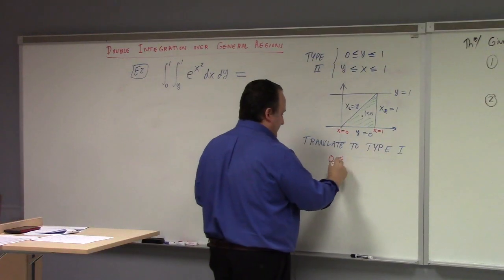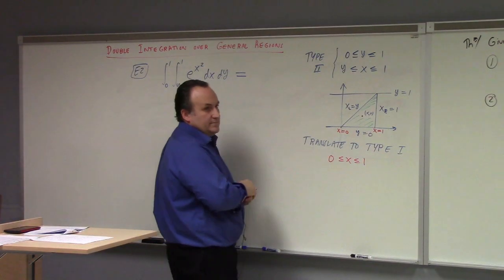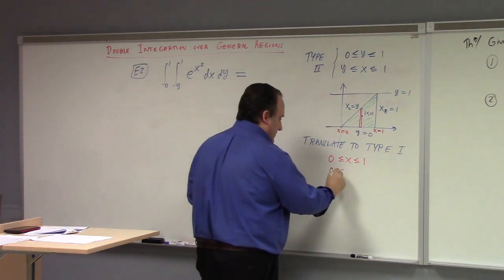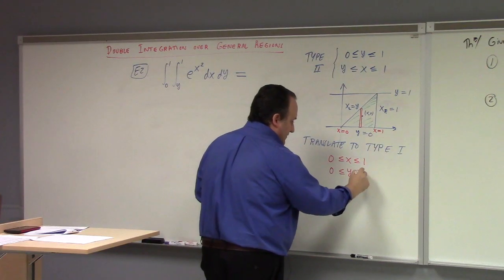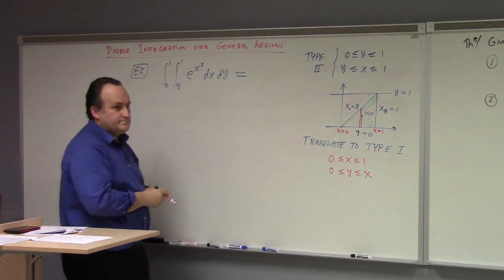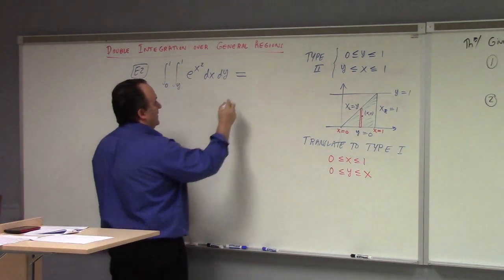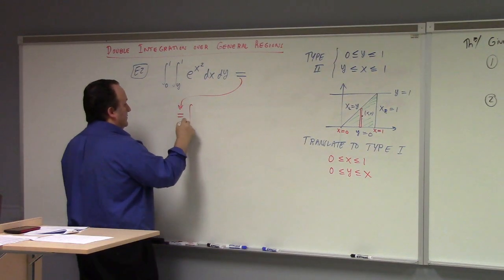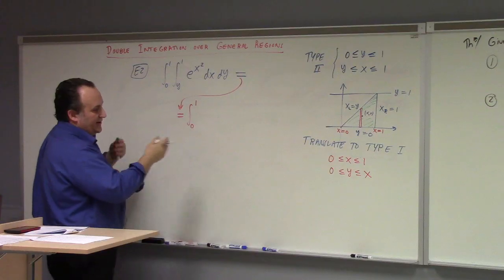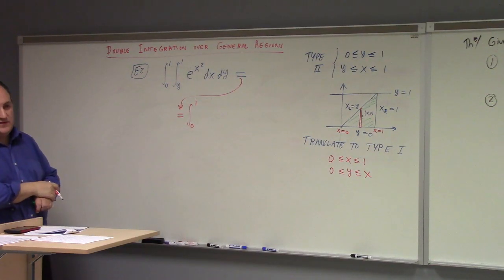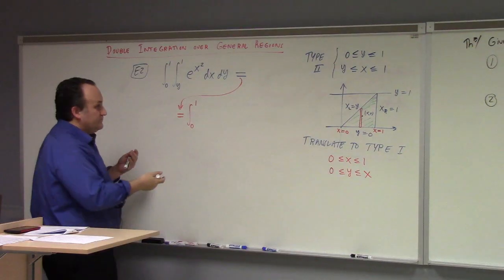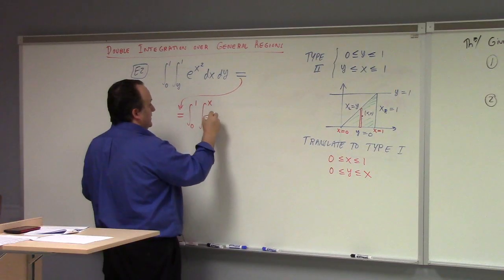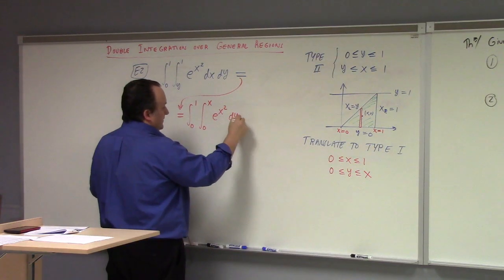So I have 0 less than or equal to x less than or equal to 1. And I have 0 less than or equal to y less than or equal to x. So apparently I can rewrite this as the integral from 0 to 1. It's just a quirk of this particular region that x ranges from 0 to 1 and y ranges from 0 to 1. But you notice now we've got the integral from 0 to x of e to the x squared dy dx.